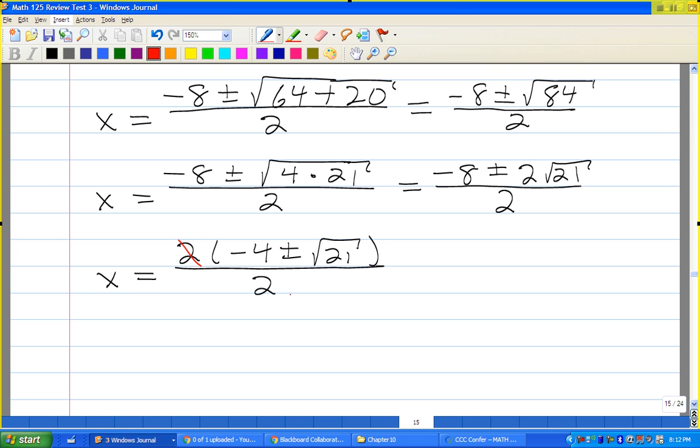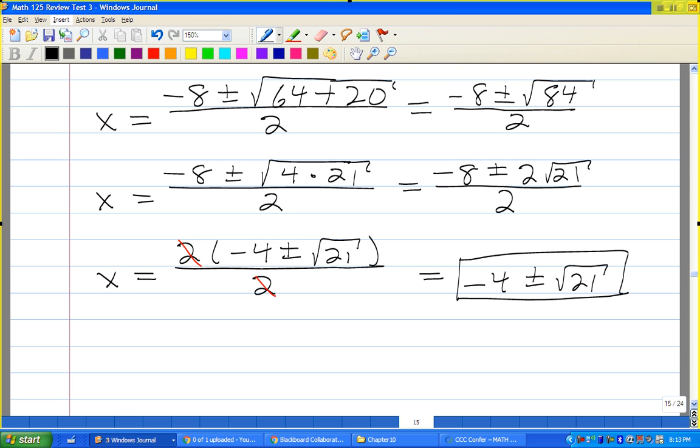The 2's cancel. And so I get that x is equal to negative 4 plus or minus rad 21. And that is your answer.